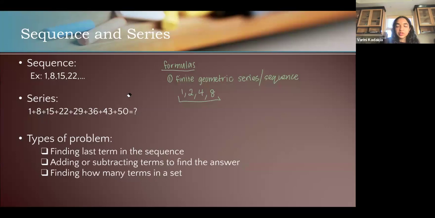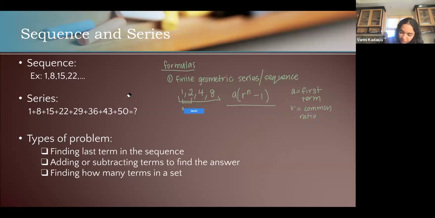The formula we'll use for this type of sequence or series where it ends is A times (r to the n, minus 1), A being the first term. Here r would be our d, r is equal to the common ratio, basically whatever you're multiplying by.